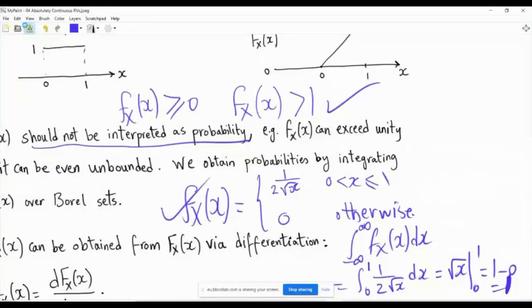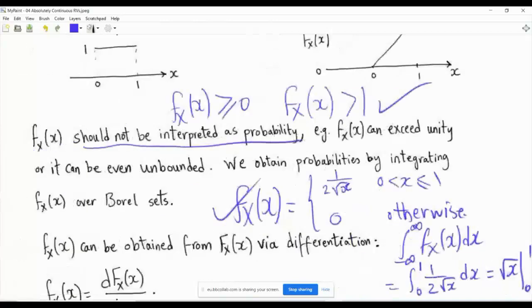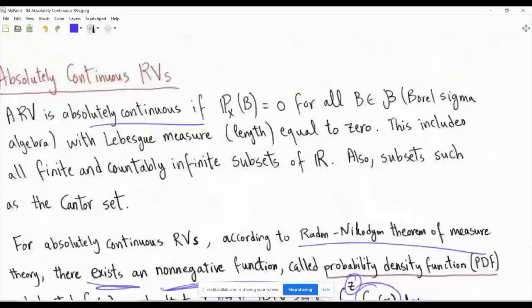That's a valid PDF. For a very, very small x, this function becomes very, very large, much higher than 1 even. So the PDF is a different animal. It is not a probability. It is a probability density function. By measure theoretic arguments, you can show it exists for those absolutely continuous random variables.